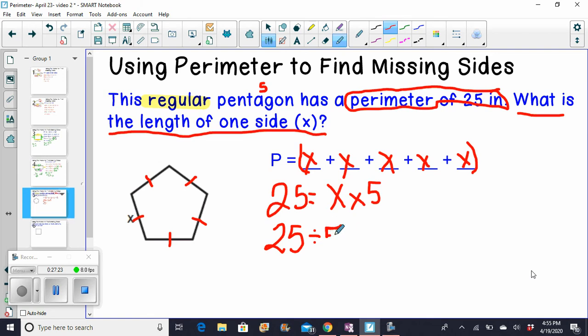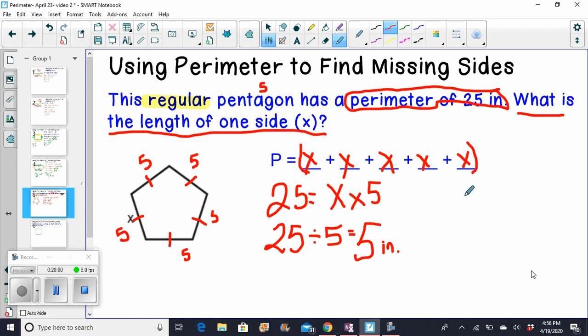So 25, I can think inverse, I can think division. 25 divided by 5 equals, if you said 5, you're the winner, 5. 5 what? 5 inches. So I can go back into my pentagon and label each of these sides with a 5. And if you want to prove your answer by adding them all up, 5 plus 5 is 10, plus 5 is 15, plus another 5 is 20, plus the last 5 is 25.